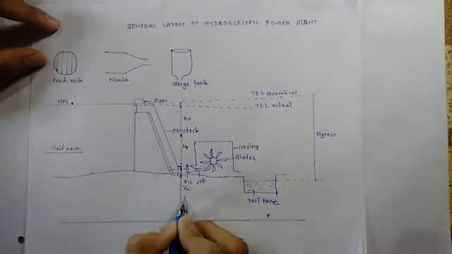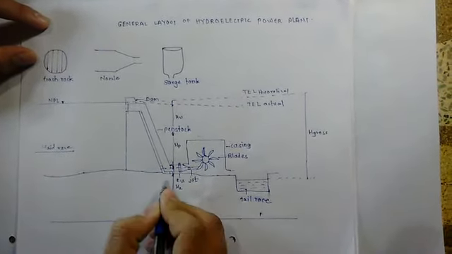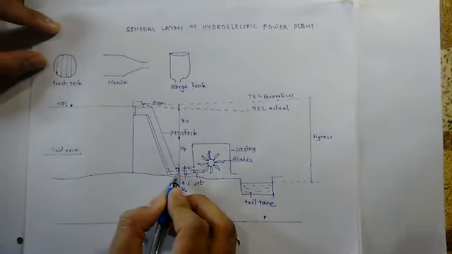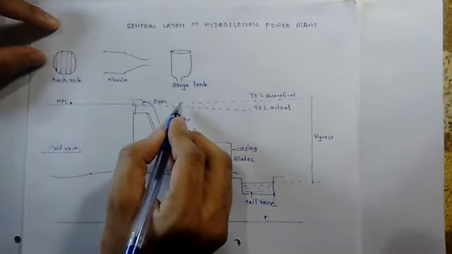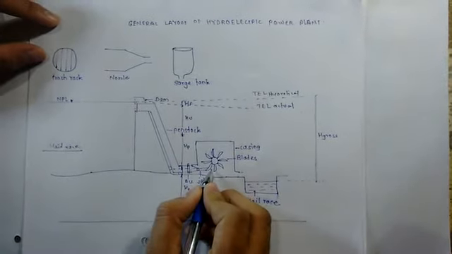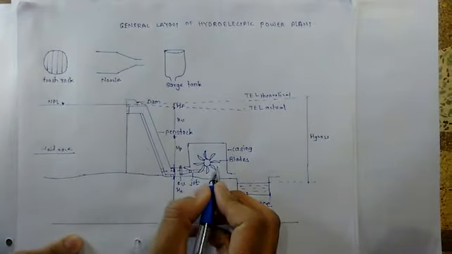The datum head is from here, from the datum to the center of the pipeline. Then this is the pressure head, then the velocity head, and this is the head loss due to friction.